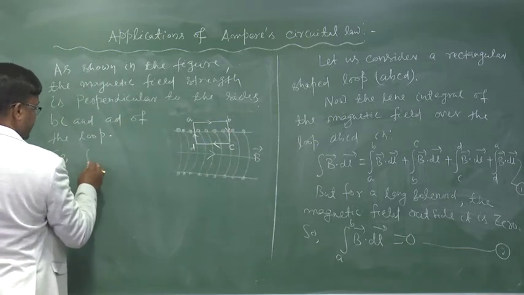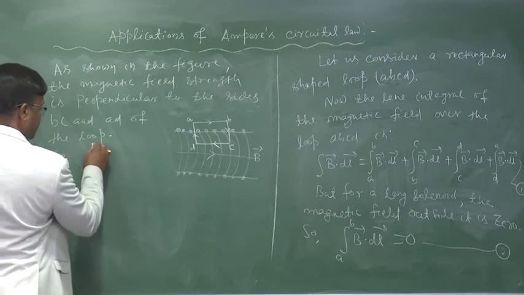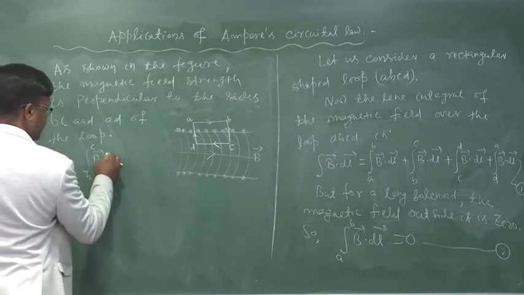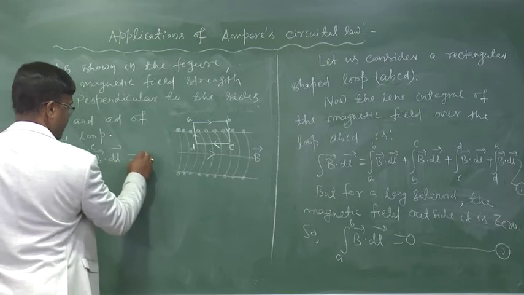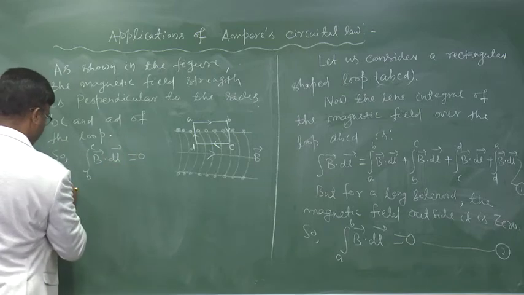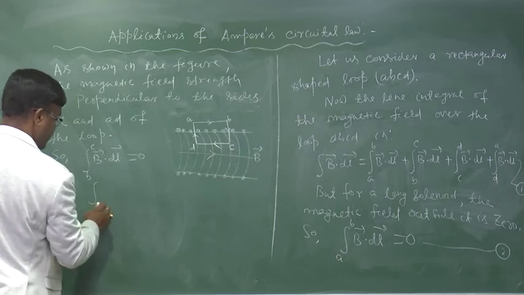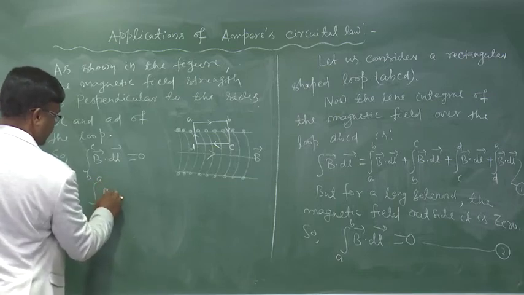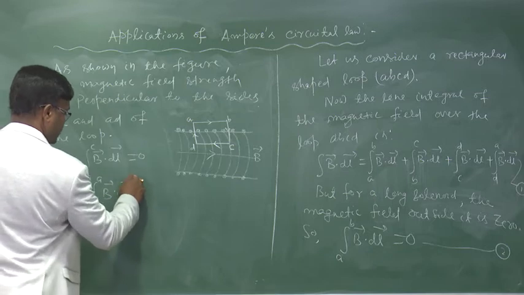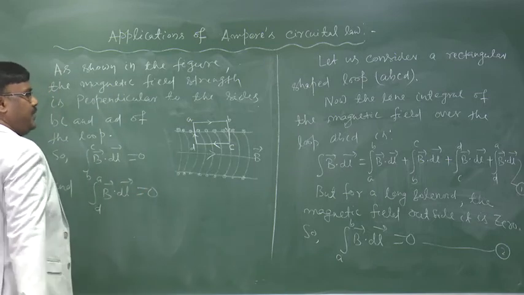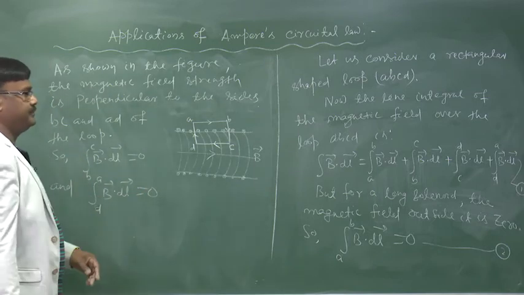So, integration from B to C, B vector dot dl vector, equals 0, and integration from D to A, B vector dot dl vector, will also be equal to 0.